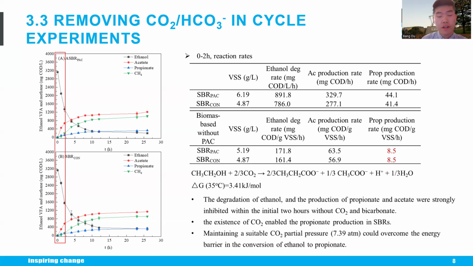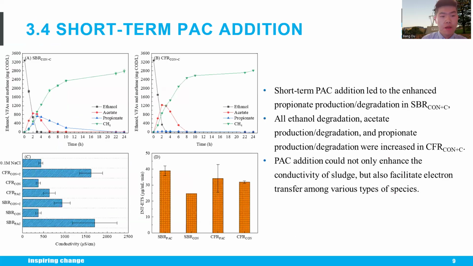Second, we found that the existence of carbon dioxide could enable the production of propionate in SBRs. And third, we also did a thermodynamic calculation and found that in theory, we need to maintain the carbon dioxide partial pressure over 7.39 atm to make the conversion of ethanol to propionate favorable.